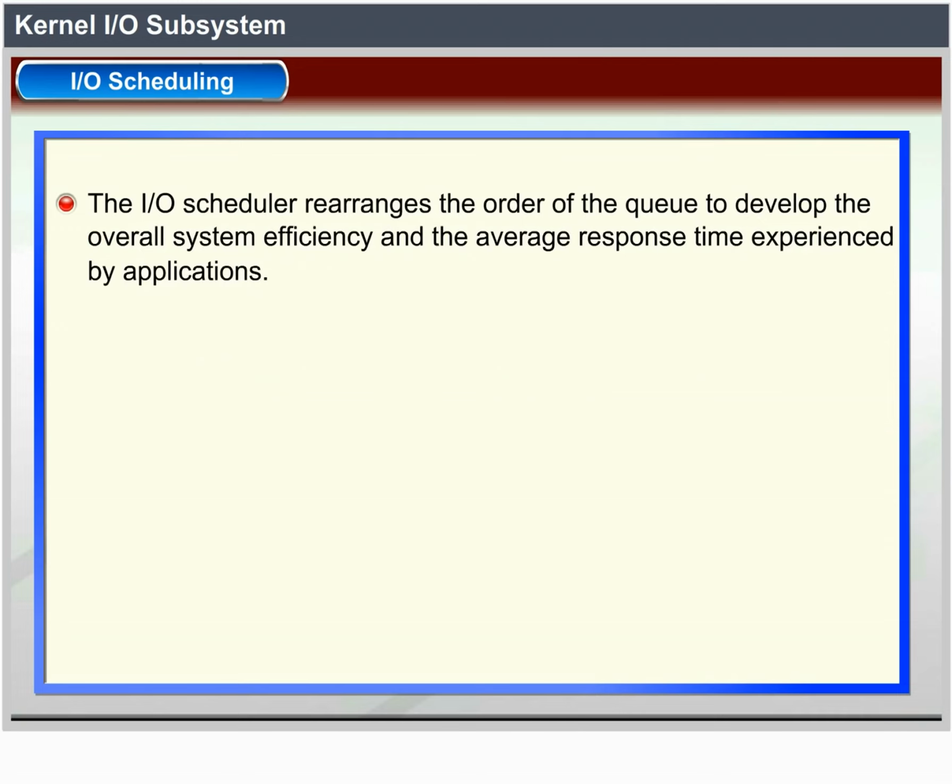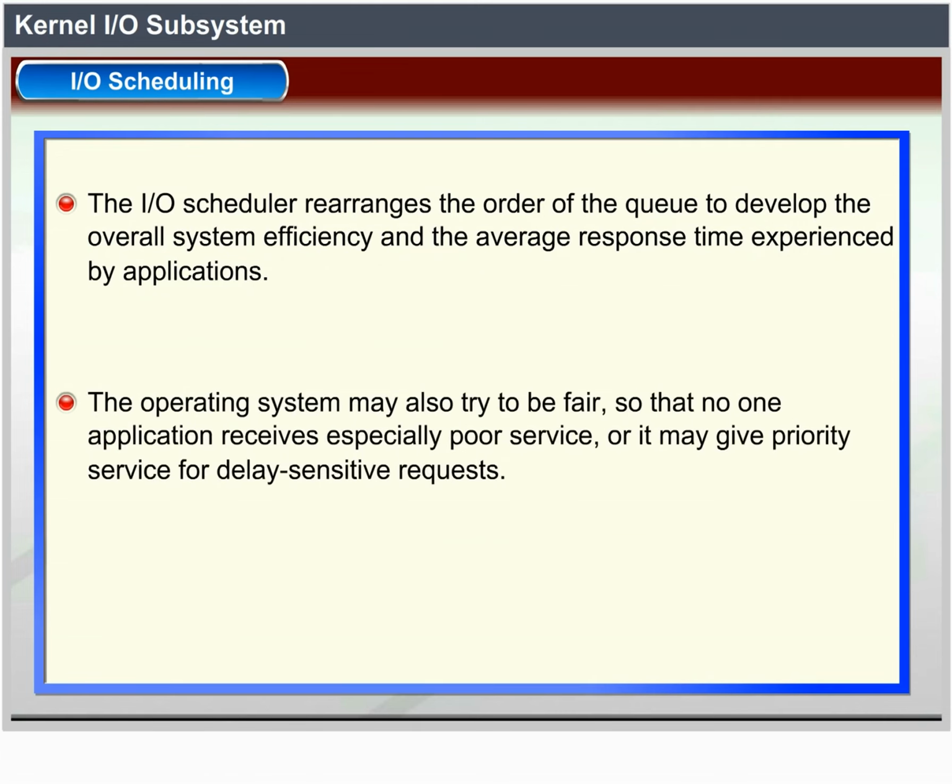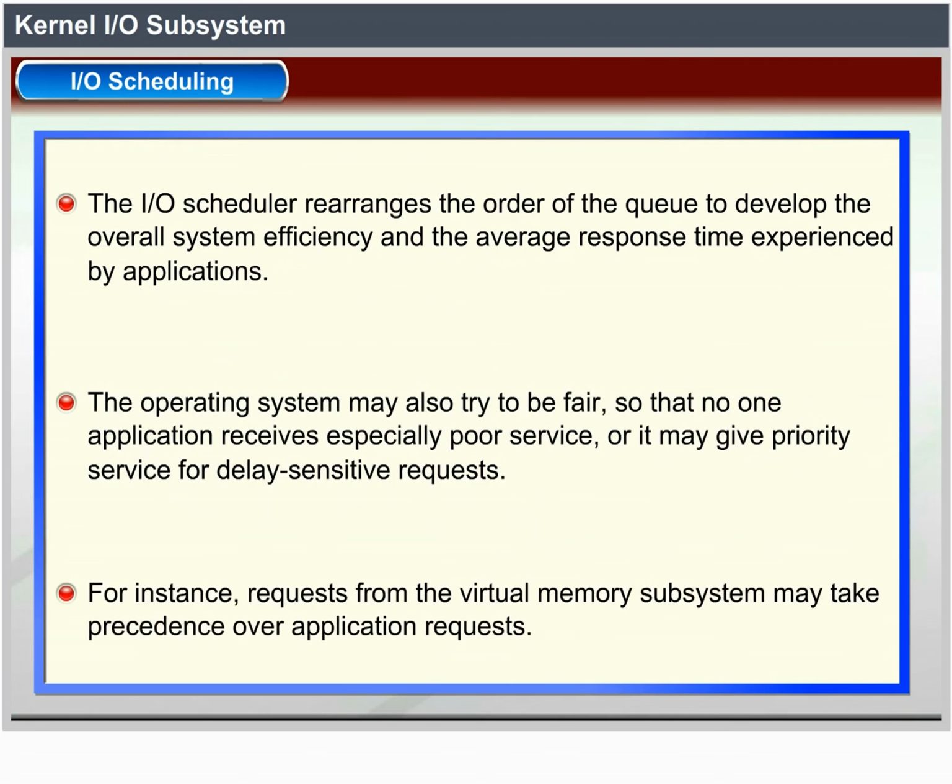The operating system may also try to be fair so that no one application receives especially poor service, or it may give priority service for delay-sensitive requests. For instance, requests from the virtual memory subsystem may take priority over application requests.